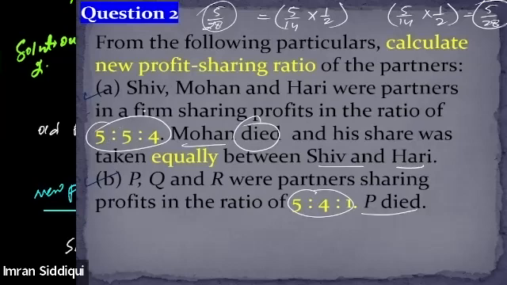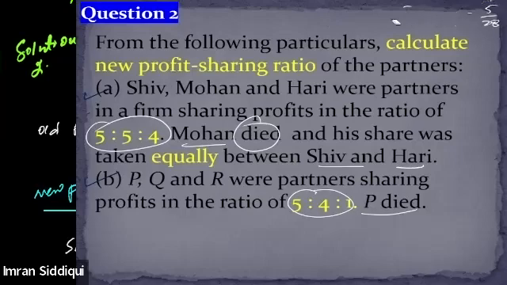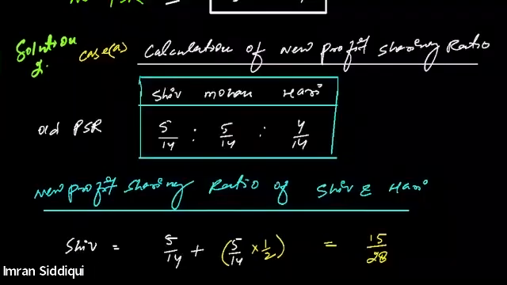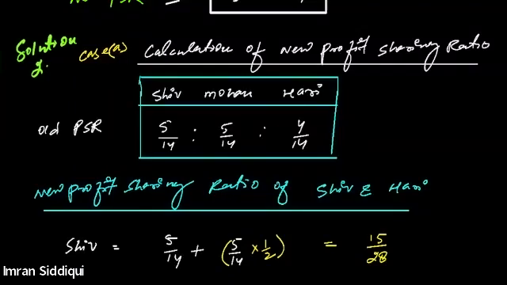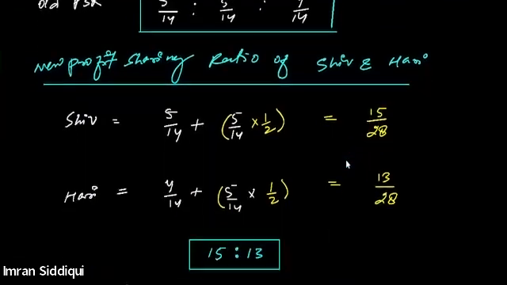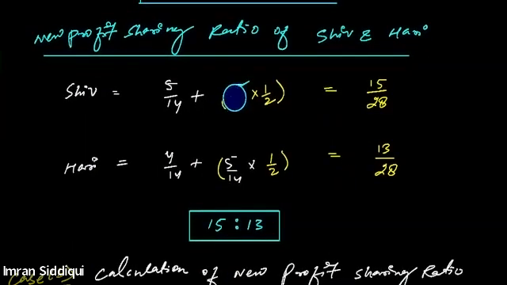We will simply add these values, 5/28 and 5/28, to both the partners' profit sharing ratios. I hope this point is clear, everyone. Yes, sir. See, in order to calculate the new profit sharing ratio of Shiv and Hari, let me show you the calculation of it.